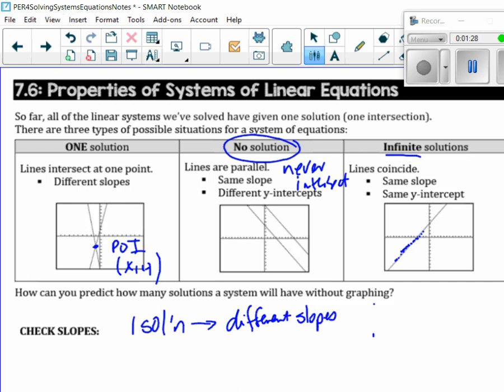Okay. What about no solution? What would we know about the slopes? Yeah, they're the same slopes. What about infinite number?